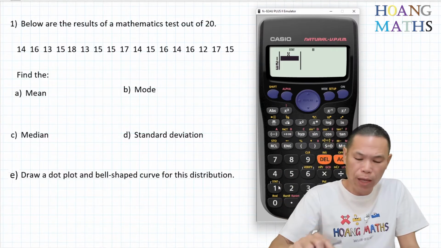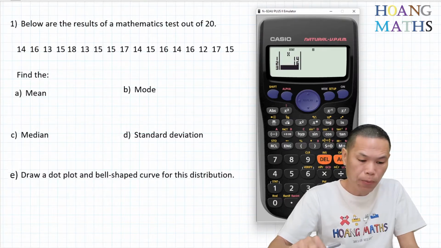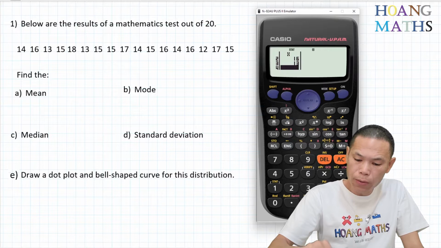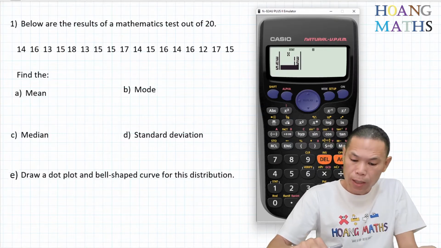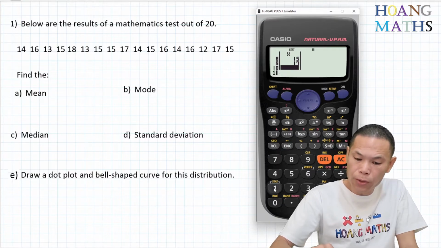So let me just put these data in. 14 equal, 16 equal, 13 equal, 15 equal, 18 equal, 13 equal, 15 equal, 15 again equal, 17 equal, 14 equal, 15 equal, 16 equal, 14 equal, 16 equal, 12 equal, 17 equal, and 15 equal.